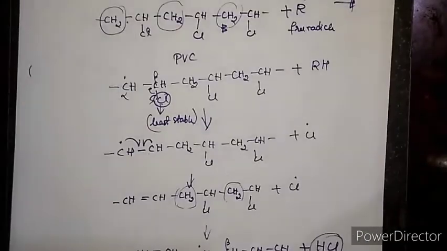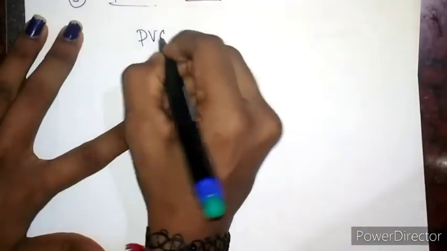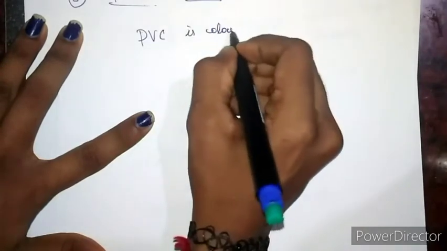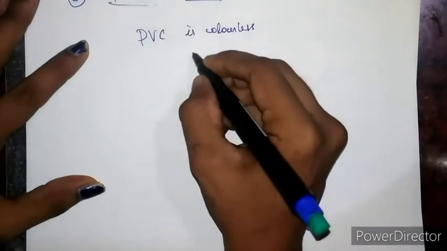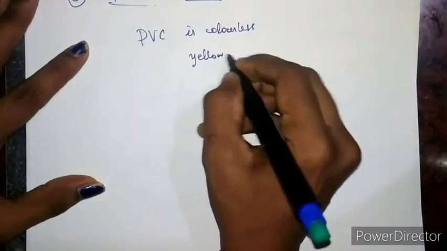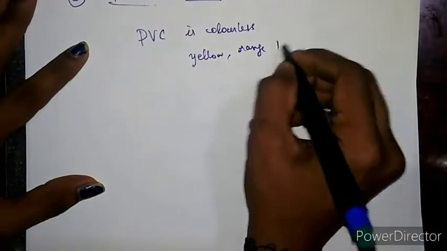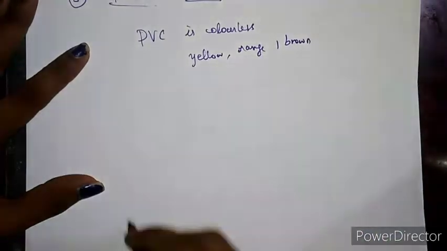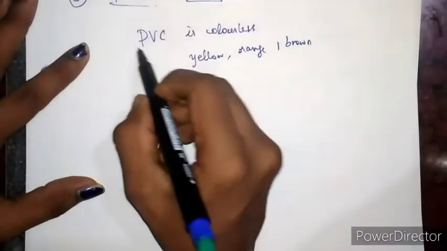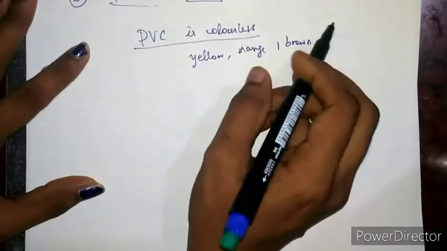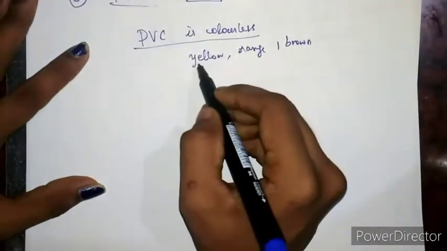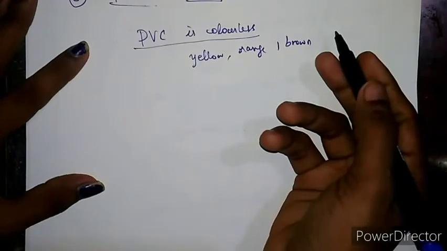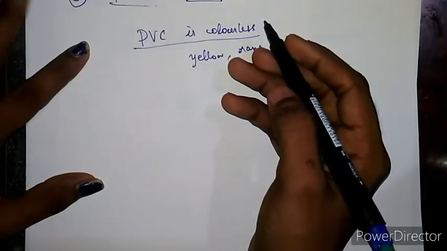Remember one thing, PVC is usually colorless in nature, but it may get some colors, like yellow, orange, or brown. That depends upon degradation. During degradation the PVC color may change to yellow, orange or brown, depending upon the degree of degradation.